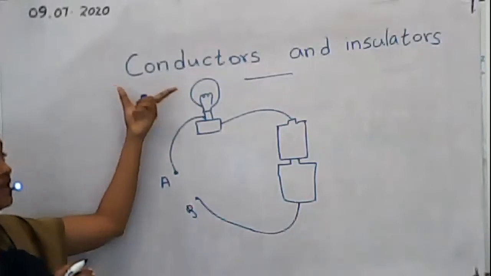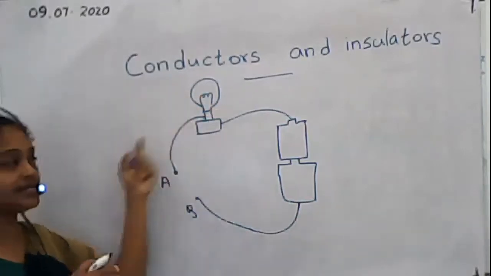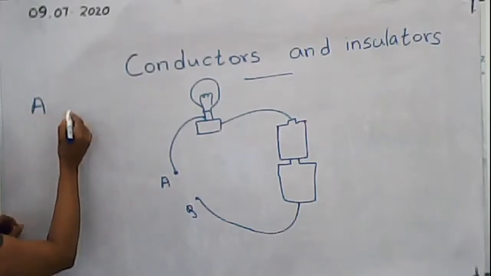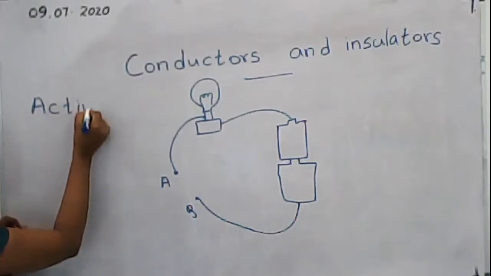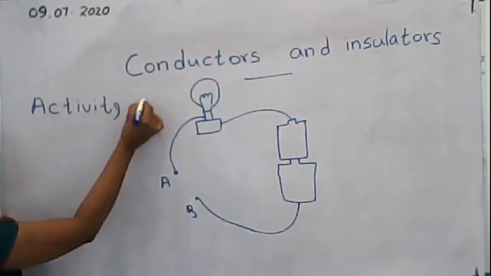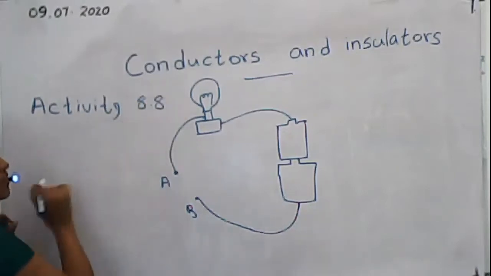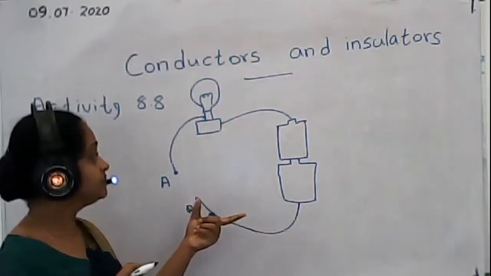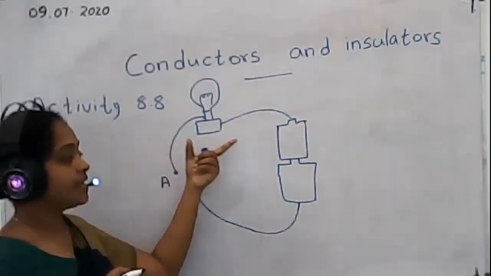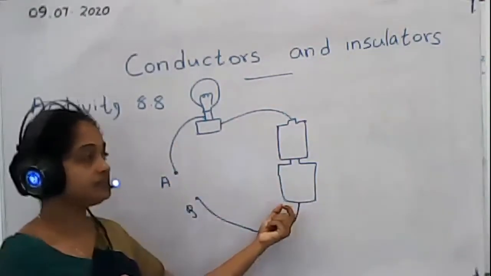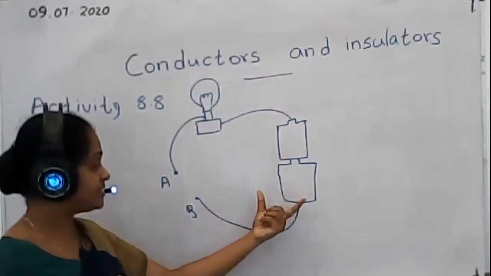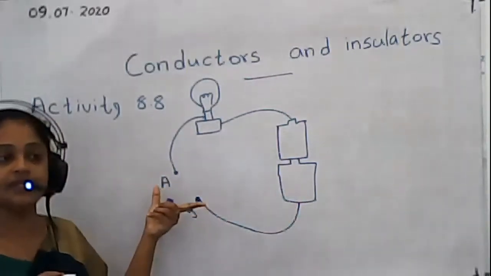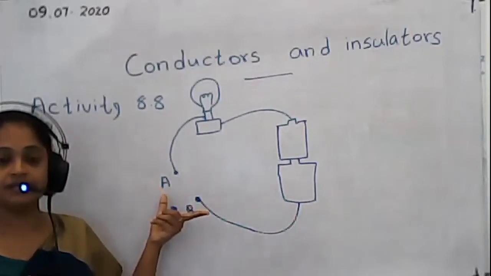Write down the topic, conductors and insulators, activity 8.8. Under the activity, you can draw the diagram: the bulb, the batteries, two dry cells, and the space between them.